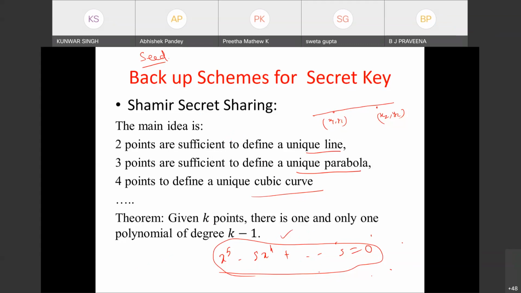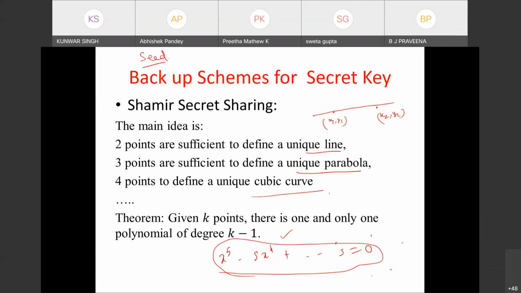So what I'm saying is, you can find this polynomial if you know the 6 points through which it passes. If you know those 6 points, then you can easily compute this polynomial.